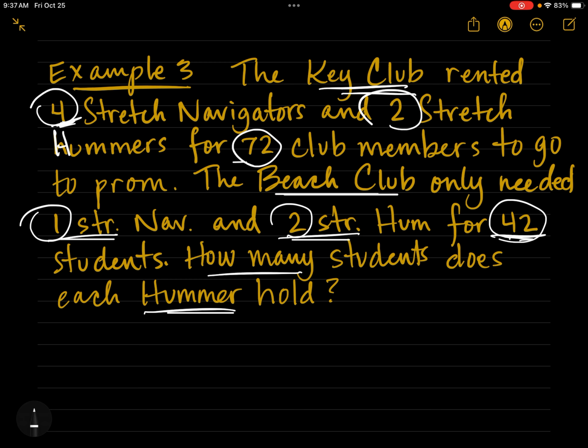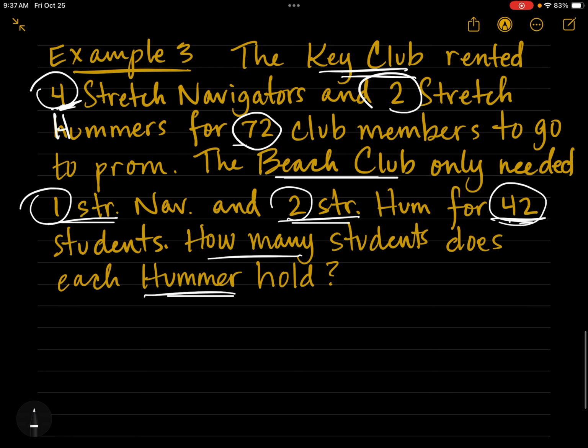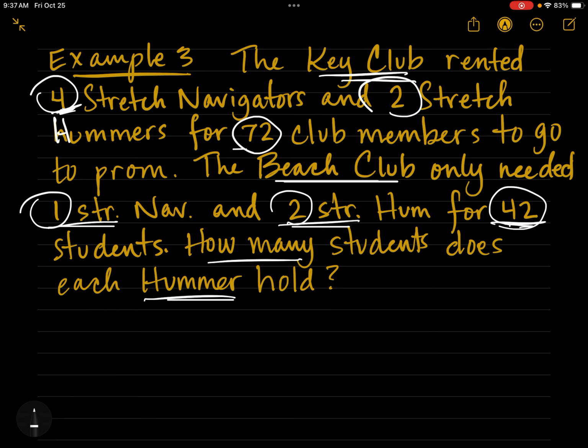Beach Club has 42 students. We should first define our variables. Let's let X be the number each navigator holds and Y be the number of students each Hummer holds. I think those Stretch Hummers are way bigger.